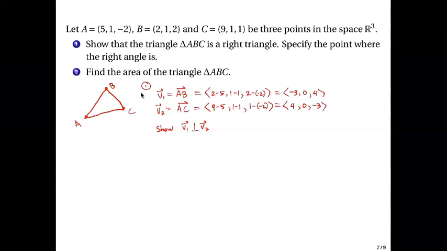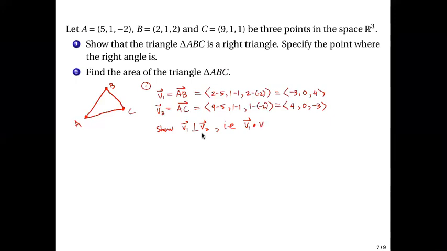So we have these two vectors now, V1 and V2. We want to show that they are perpendicular. To show that they are perpendicular, it's enough to show that their dot product, remember that?